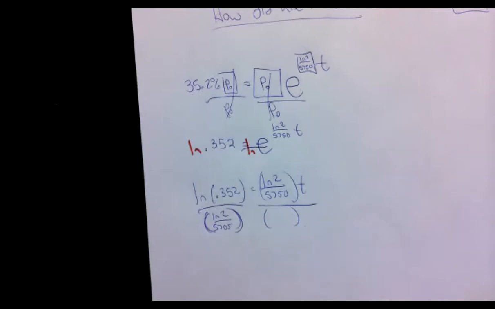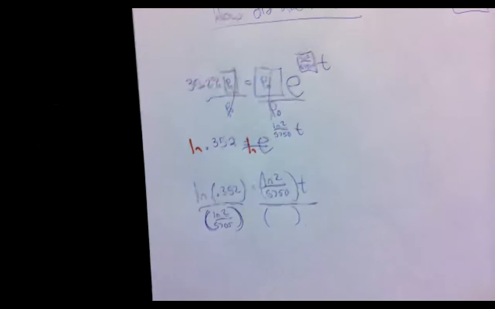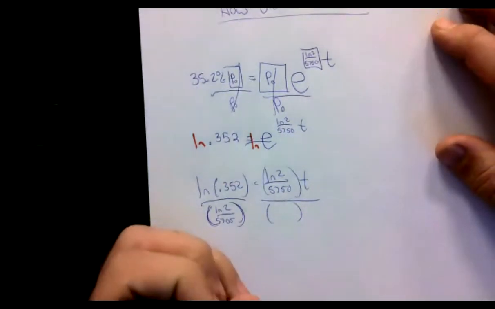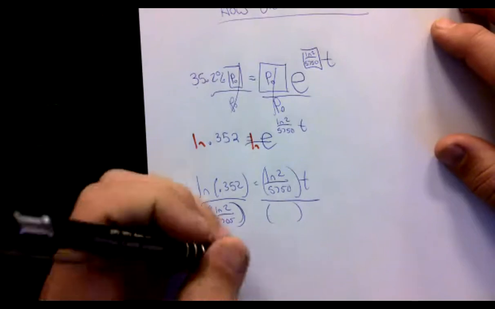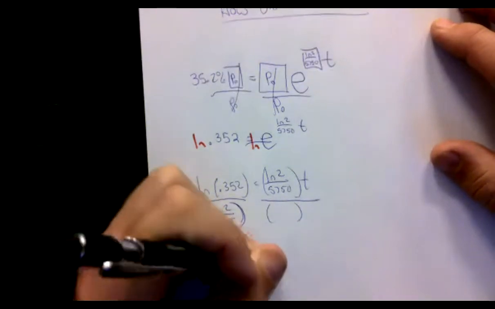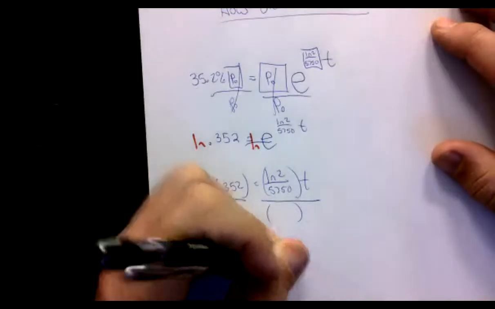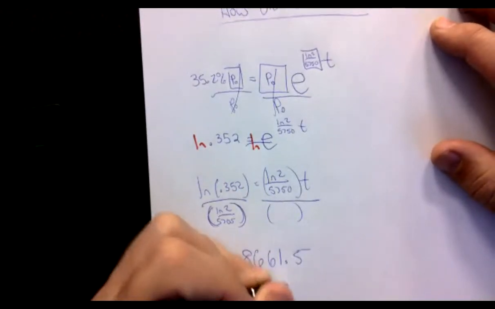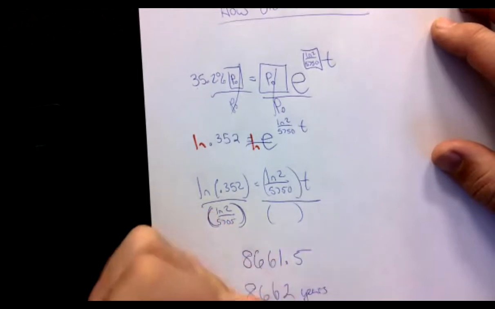And again, we don't want to round until the very end because we don't want to drop any significant decimal places. And we get roughly 8,661.5. So we'll call that 8,662 years.